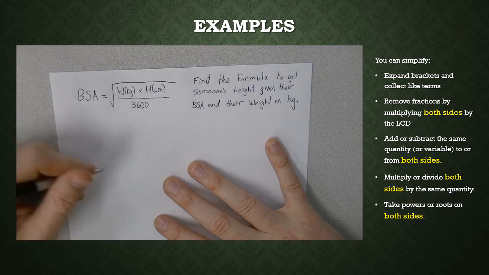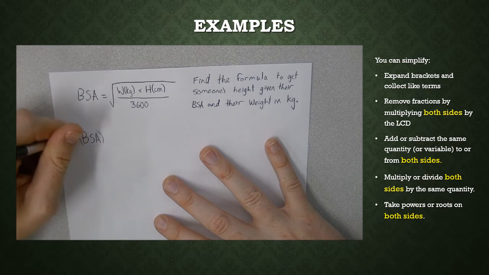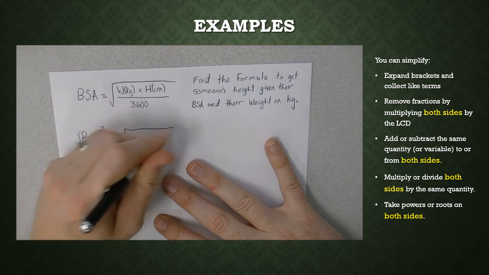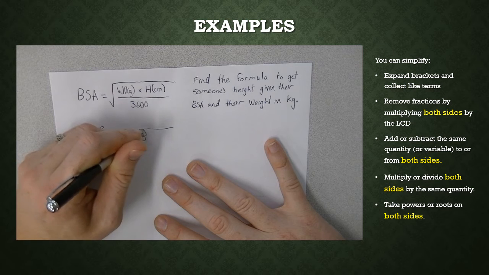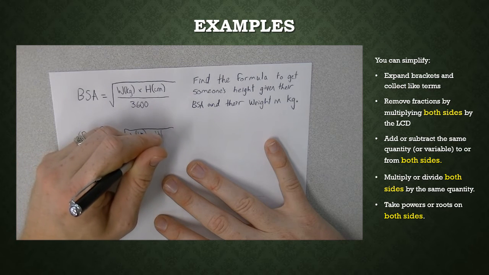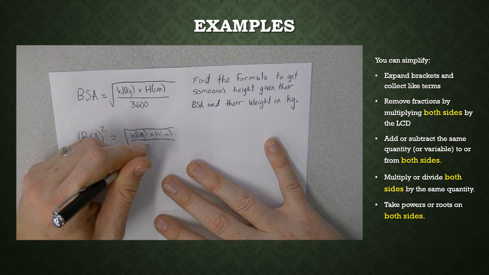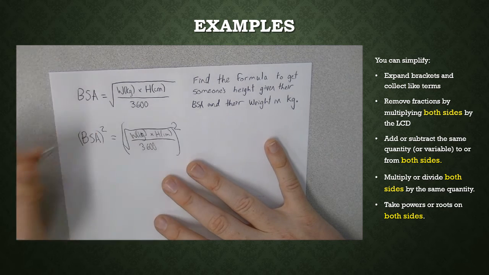So I'm going to square both sides of this equation. BSA squared will be equal to the square root of weight in kilograms times height in centimeters all over 3,600, squared.